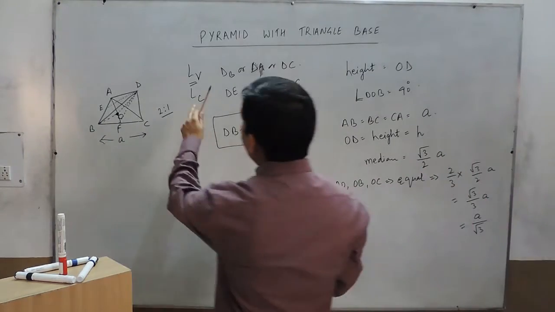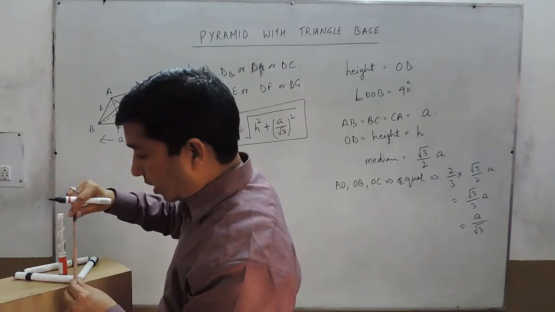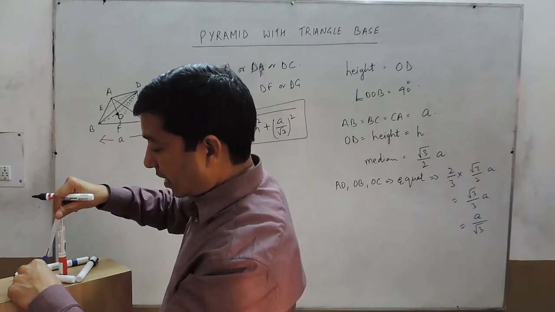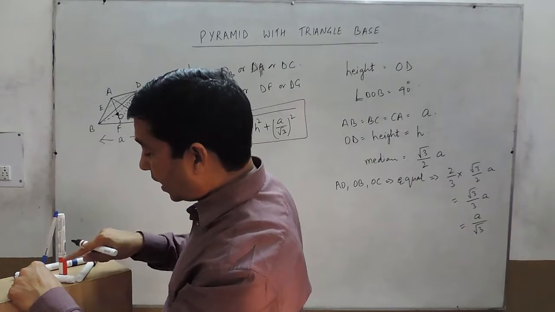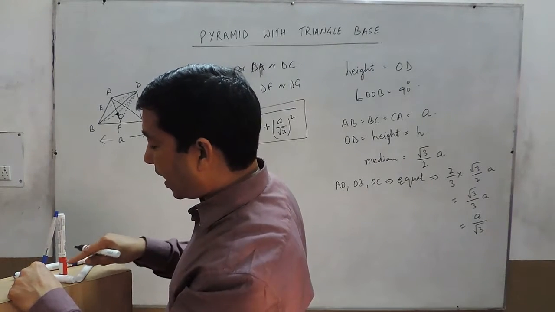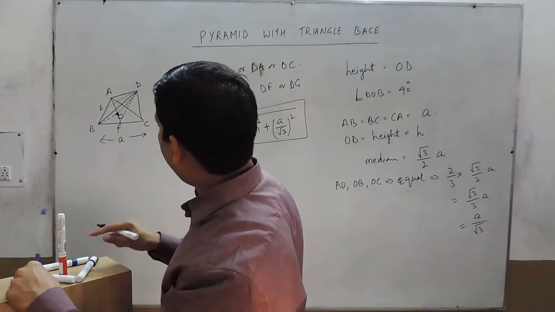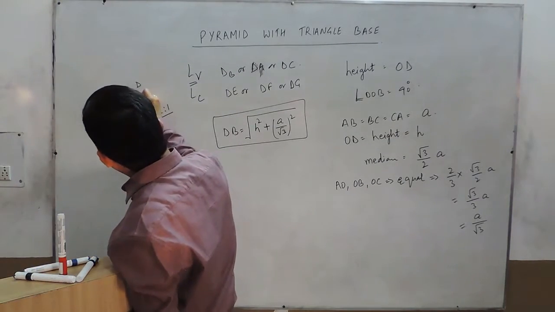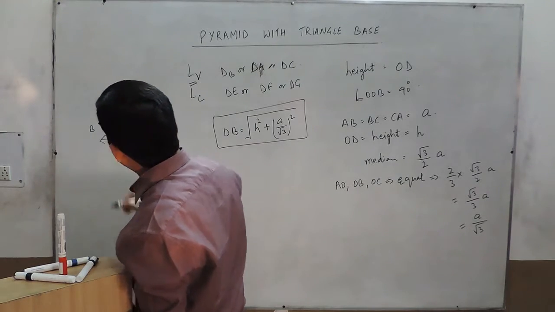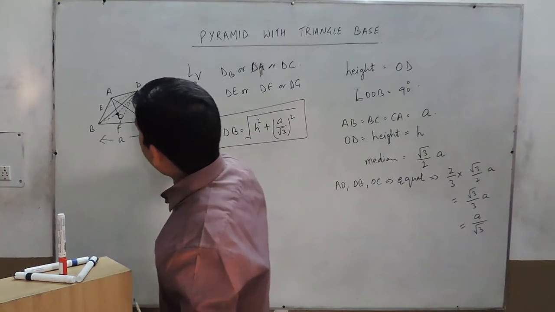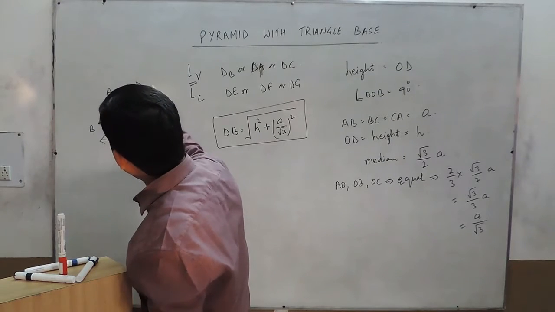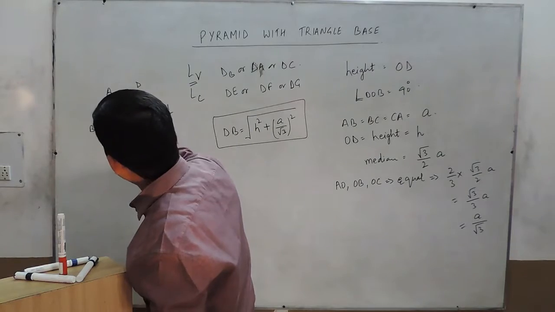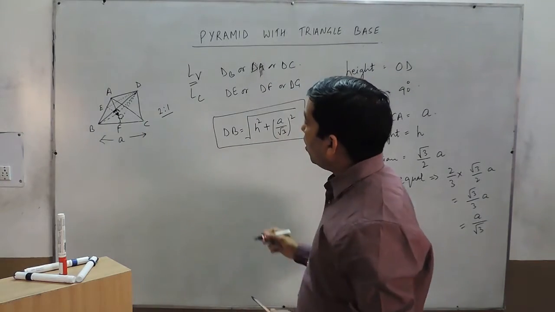Now, instead of the slant height at the vertex, if we have to find the slant height at the center, then this triangle is also a right angle triangle, with the right angle at the middle angle. So if we are finding the value of DE, we can put it like this, and this angle is a 90-degree angle.